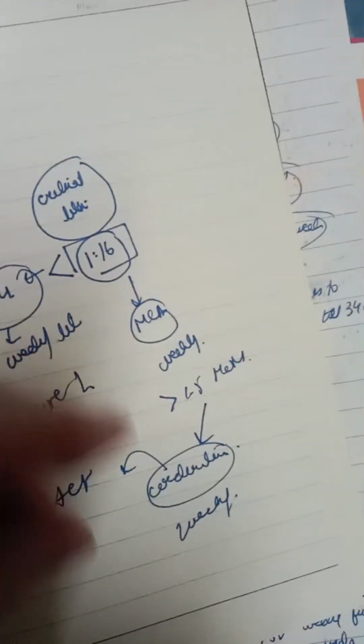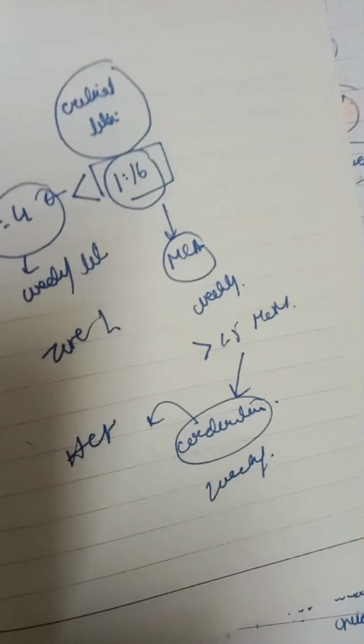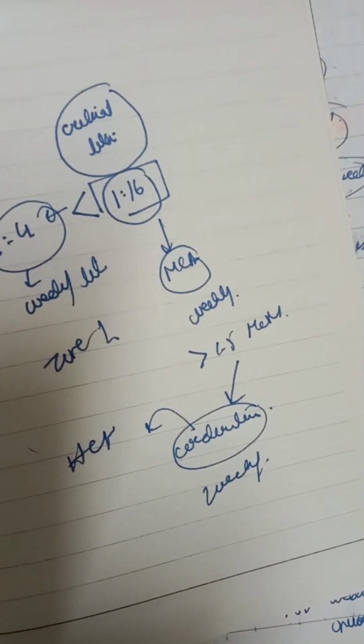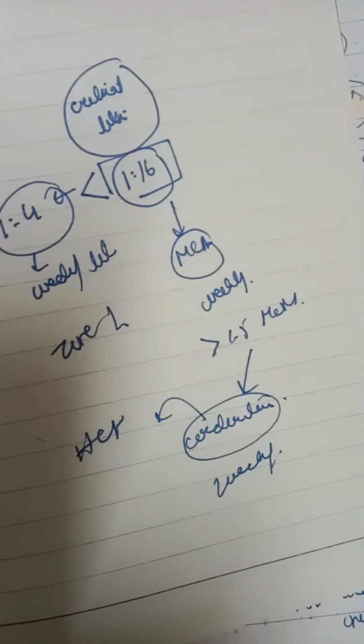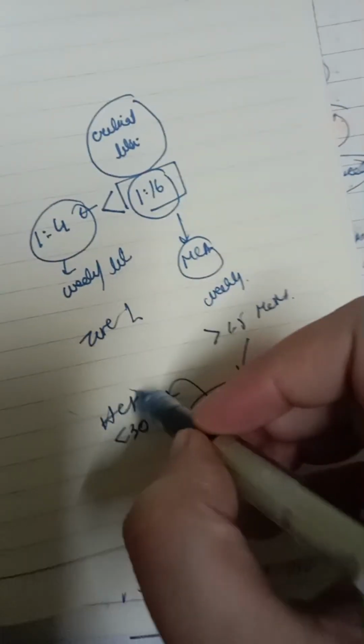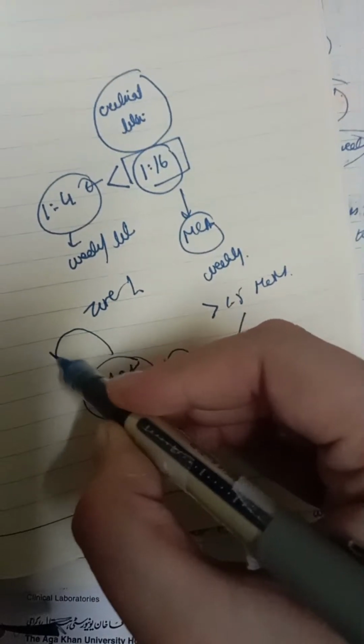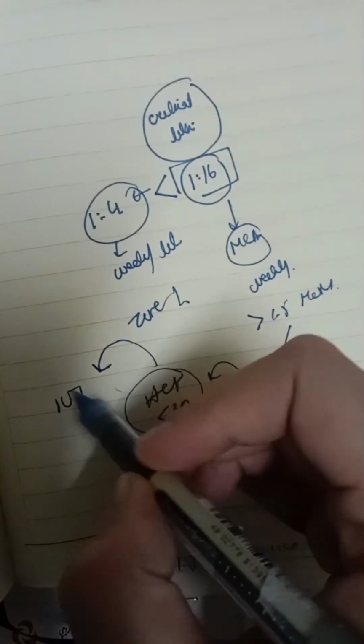Then you're going to find out the hematocrit of the baby to find out the degree of anemia. If the hematocrit is less than 30, how are you going to do hematocrit? Via chordocentesis. So if the hematocrit is less than 30, then in this case you are simply going to go for intrauterine transfusion. Otherwise, I'm going to go on repeating it 1 to 2 weekly.